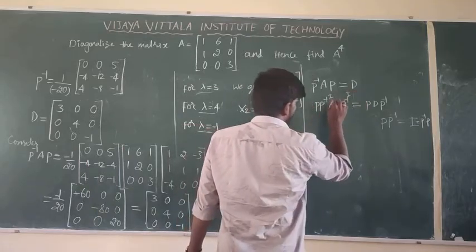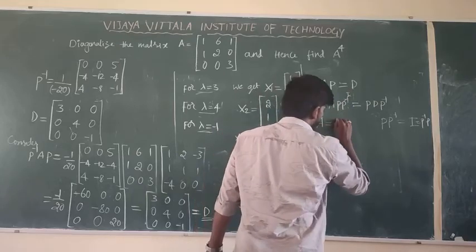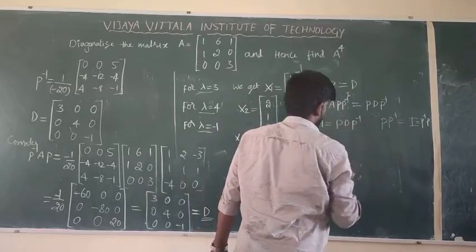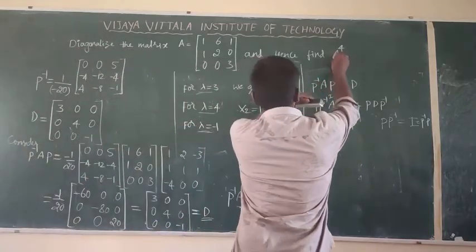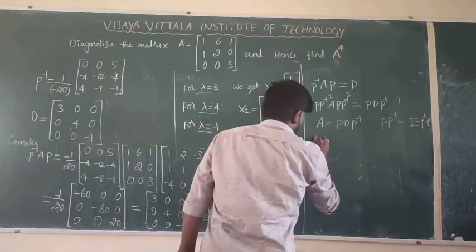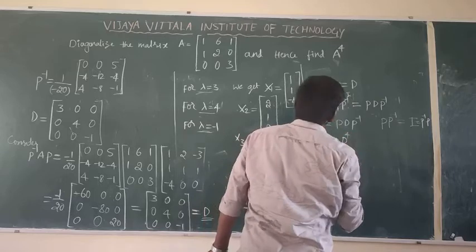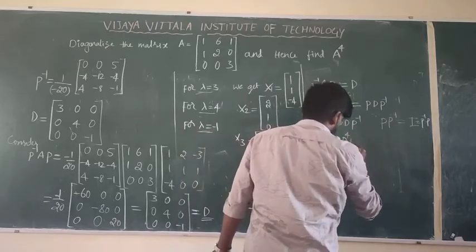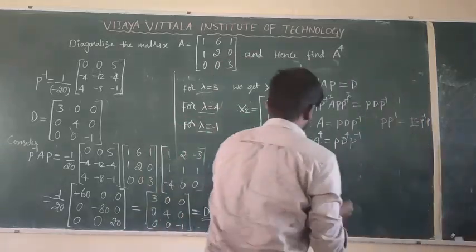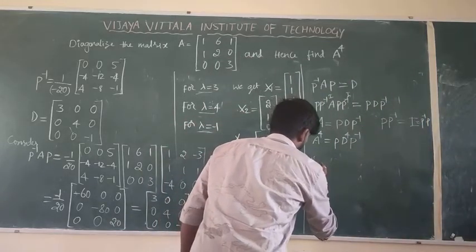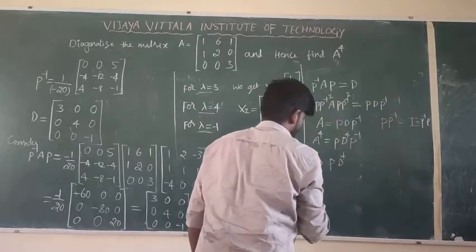Therefore, I into A into I is nothing but the matrix A. If we raise A to the power 4, then the diagonal matrix gets raised to the power 4 on the right-hand side. Then A power 4 equals P D power 4 P inverse.